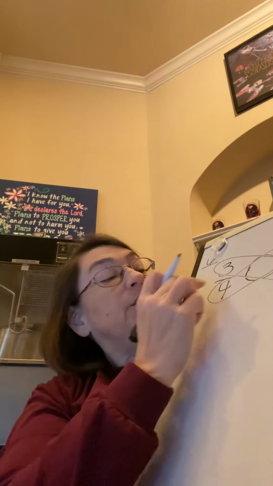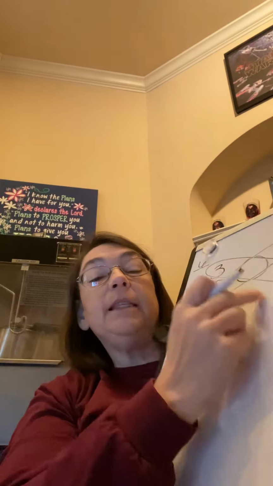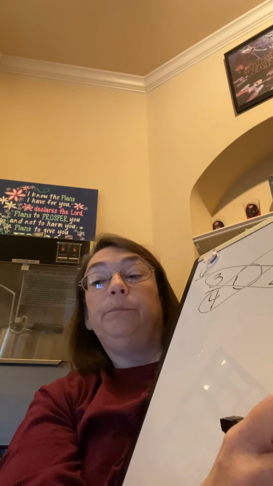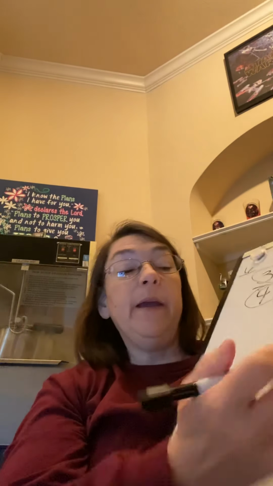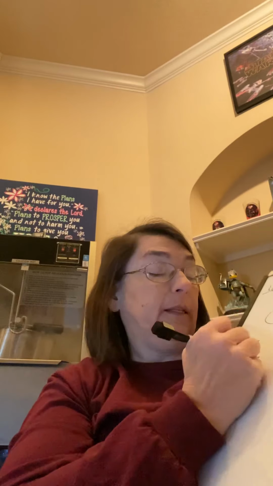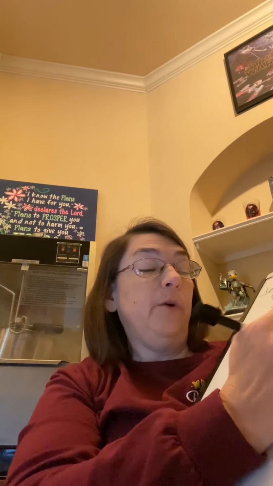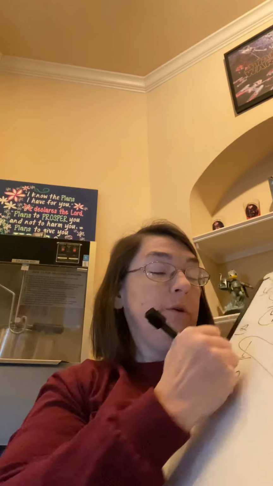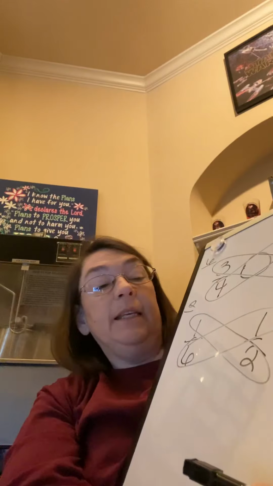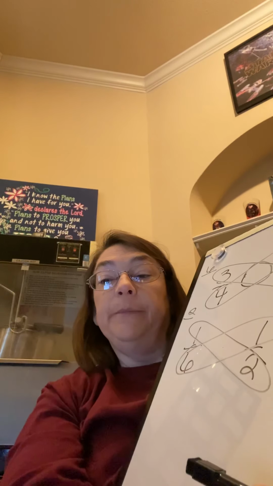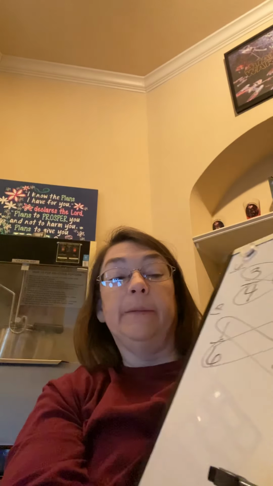Is 3/4 less than 1/2? No. Okay? So we'll move to the 1/6. 1/6 and 1/2. Butterfly. This is 2. This is 6. Is 1/6 less than a half? Yes. Then keep going.